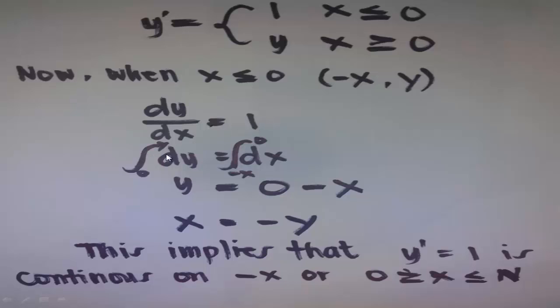Then integrate. This is just separating variables. You have dy is equal to dx, evaluated from 0 to y, and your dx is from negative x to 0.